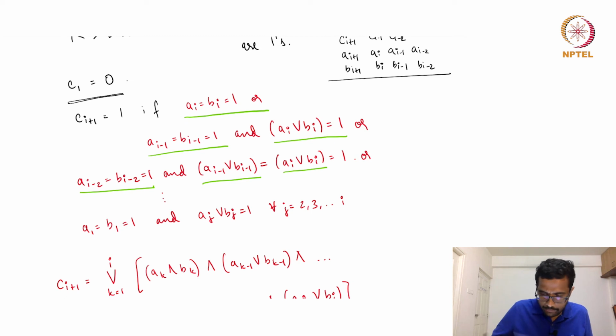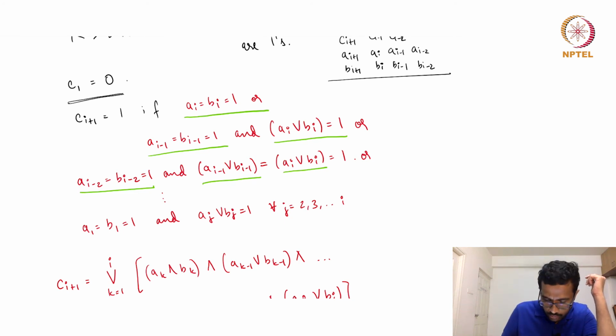And now you can keep generalizing this, or we can keep extending this. The last possible situation is that a1 and b1 are both 1s, and for the rest at least one of them is 1, so the carry keeps propagating.